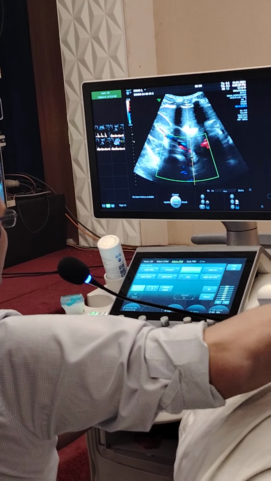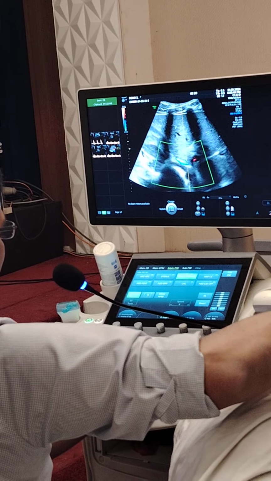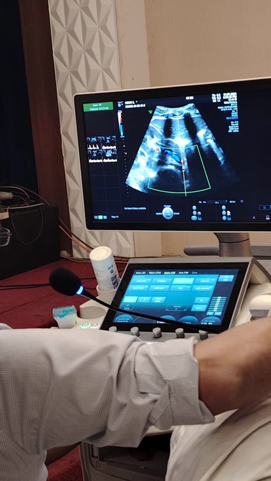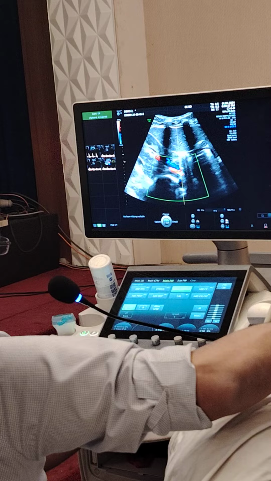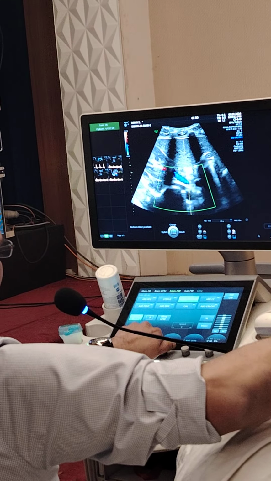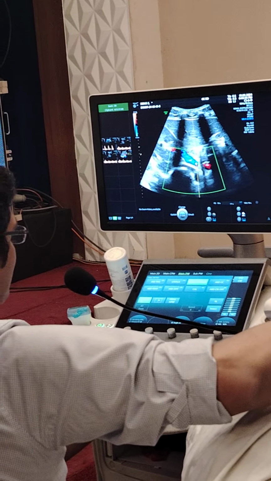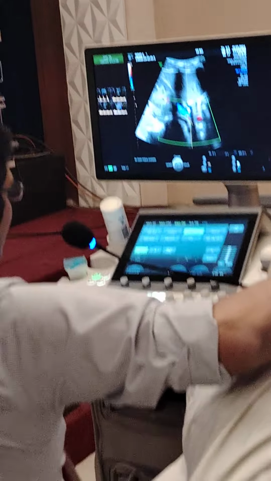Now the other advantage of getting this view is that you can get good velocities as well. You can try and make the origin of the artery incident to your beam. What I'm doing is I'm trying to give the angulation first, not that it makes too much of a difference. This is where it's originating.